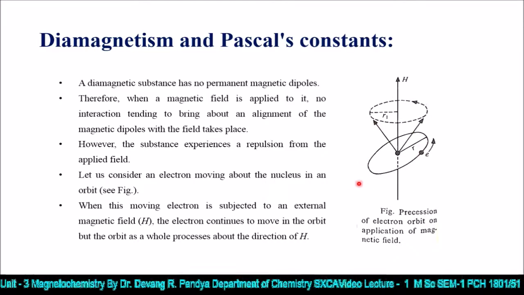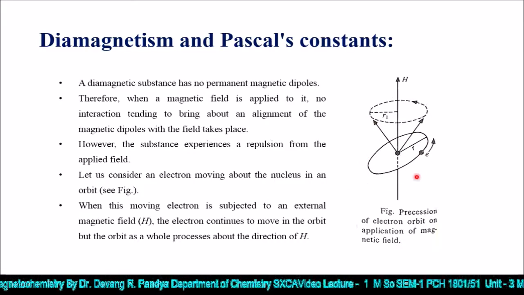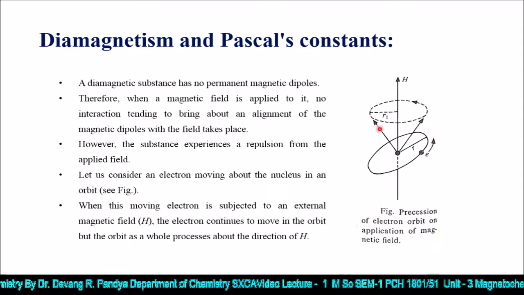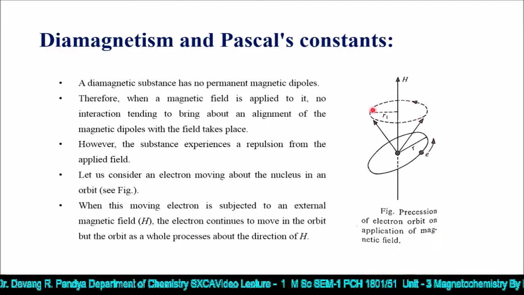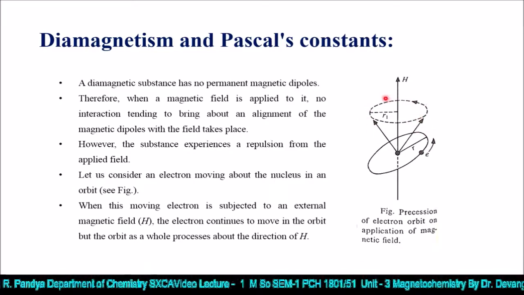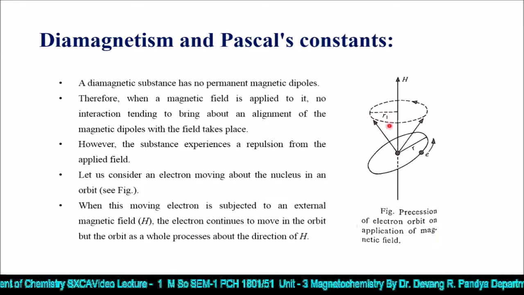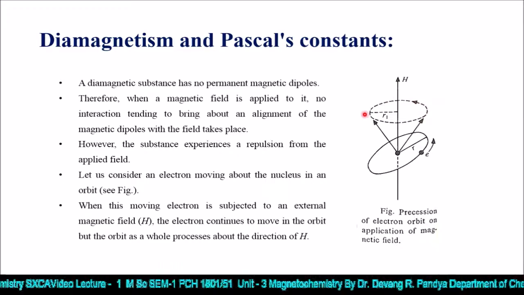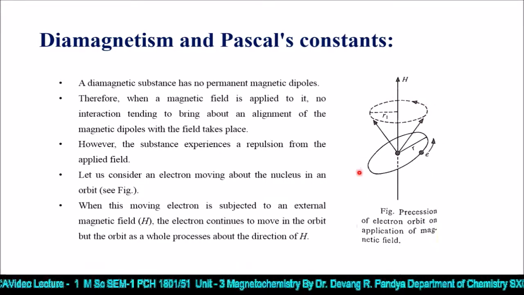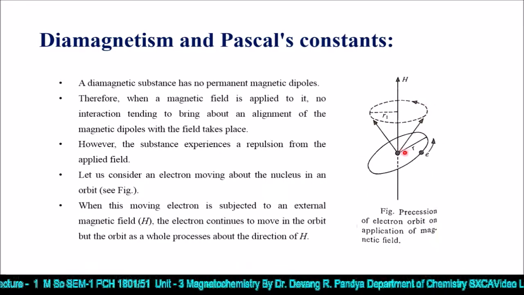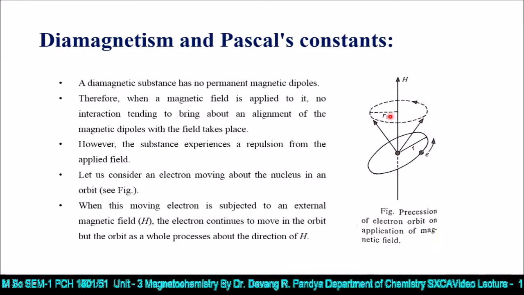This is orbital motion, but when it is placed into a magnetic field, it gets a little bit precessed. The application of the magnetic field on the substance will give rise to this motion of the electron in this direction, so the radius R is converted into R1.